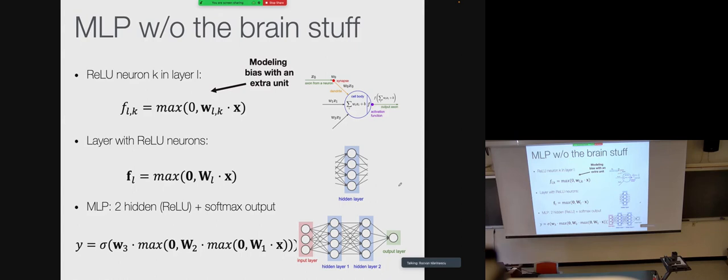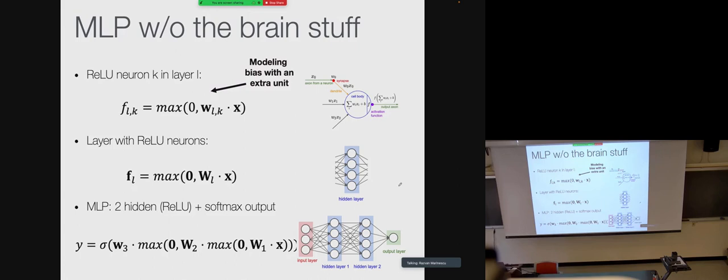Then we can model that for all the neurons in layer L with a matrix. We have the same expression, but now WL is a matrix instead of a vector, and we multiply it by the inputs X. When we build a multi-layer perceptron with 2 hidden layers, we end up stacking these functions.